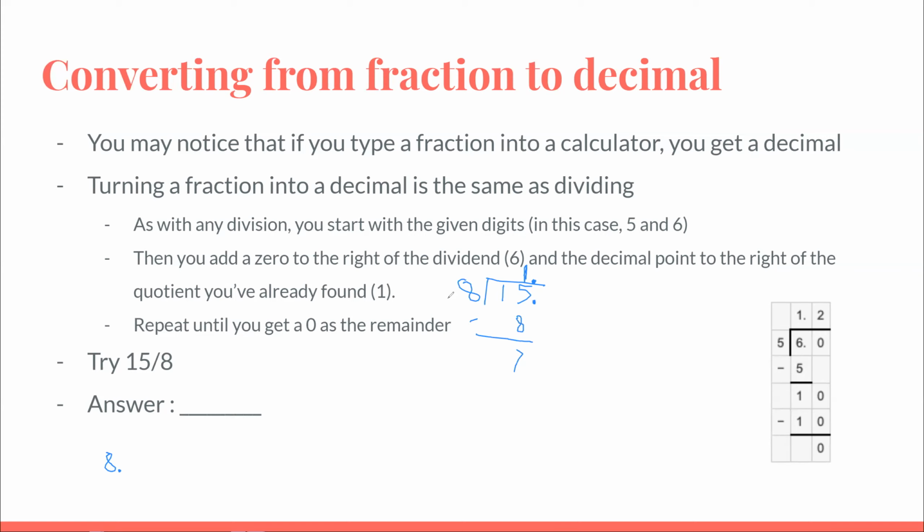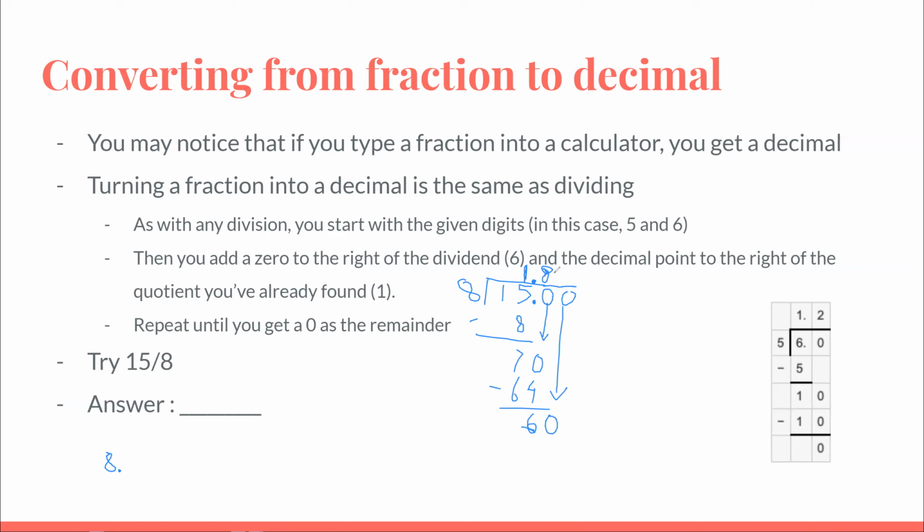So now you can keep going. You put a 0 after that decimal point and bring that down, so this becomes 70. Then 8 times 8 is 64, and when you subtract that, you get 6. Then you add another 0, bring that down, and this becomes 60.